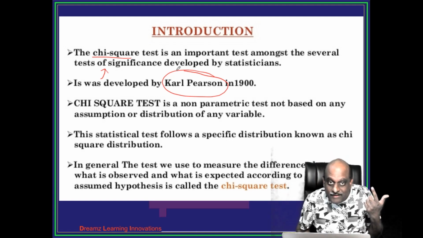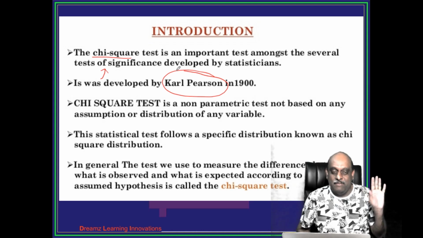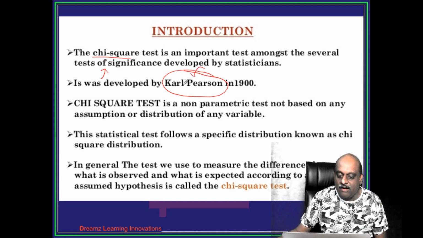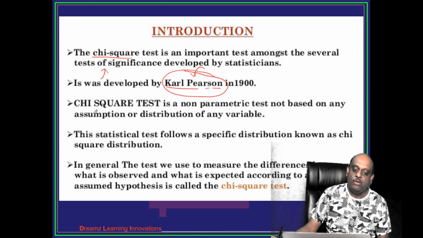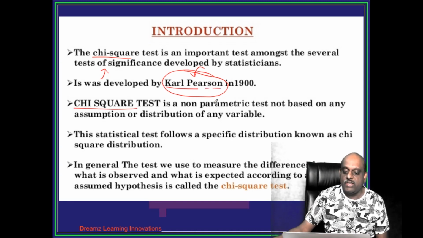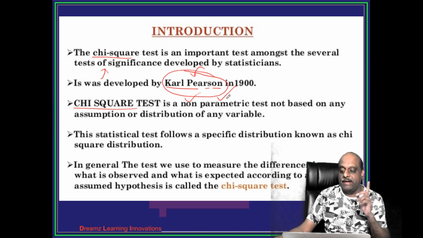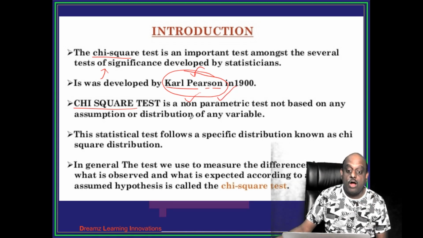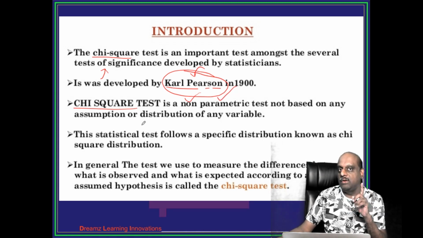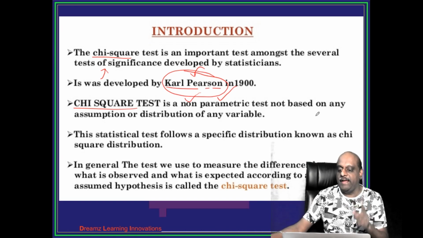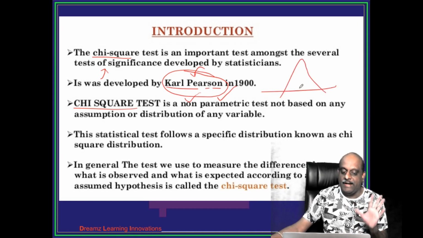Ching Chang Chung? No. नाम है चाइना वाला chi-square, but it is discovered by Karl Pearson. What is chi-square test? Chi-square test is a non-parametric test, not based on the assumption of normal distribution of the data.